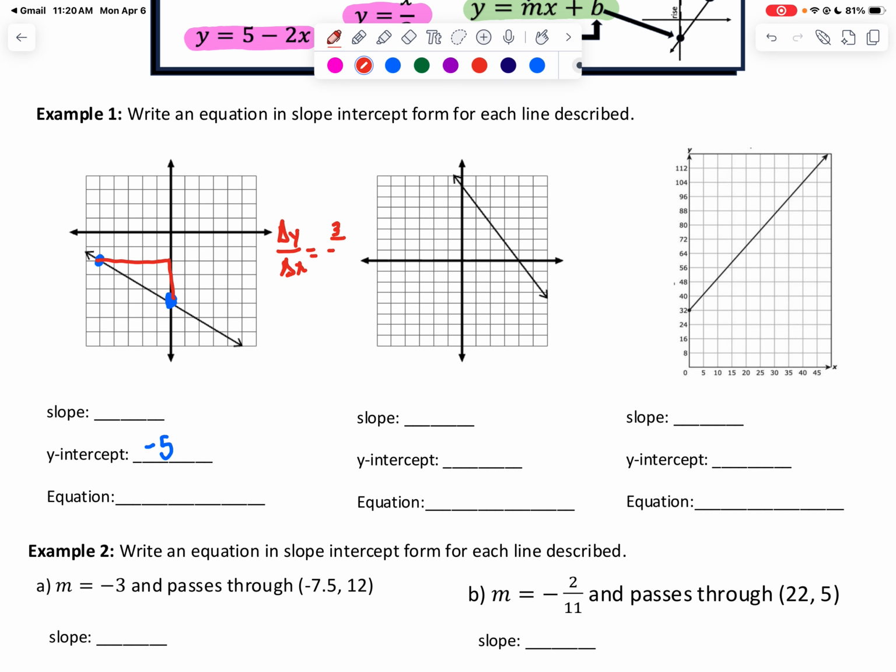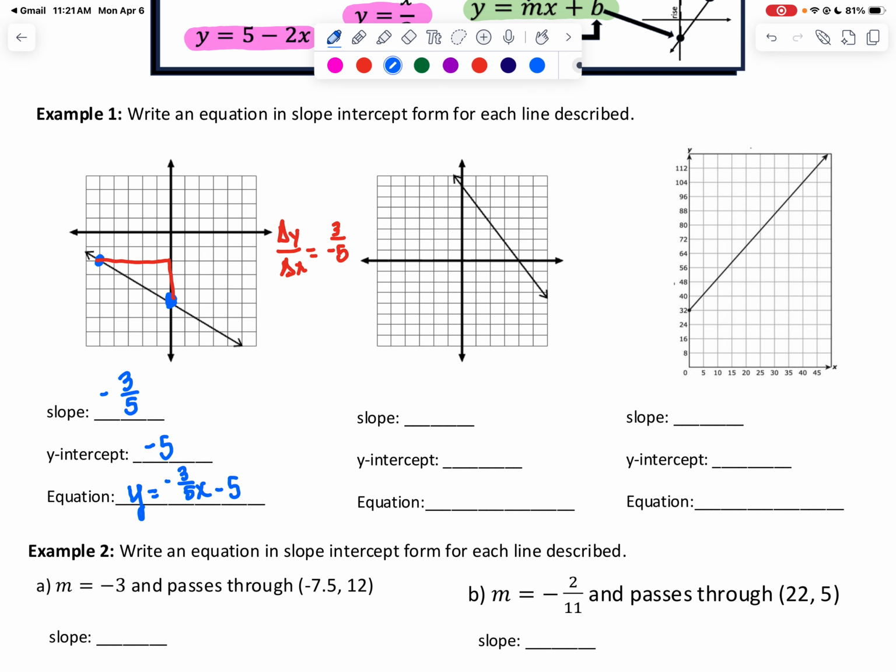I went to the left 5, so negative 3 over 5. So my slope would be negative 3/5. Now, once you know both those pieces of information, you've got everything you need to write the equation y equals negative 3/5 x minus 5.